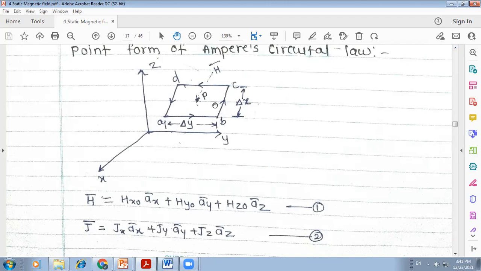When we are going in this direction, we find it with respect to y, means it is ∂Hx/∂y into the distance from point P to this line, that is path BC. So what is the distance from point P to BC?